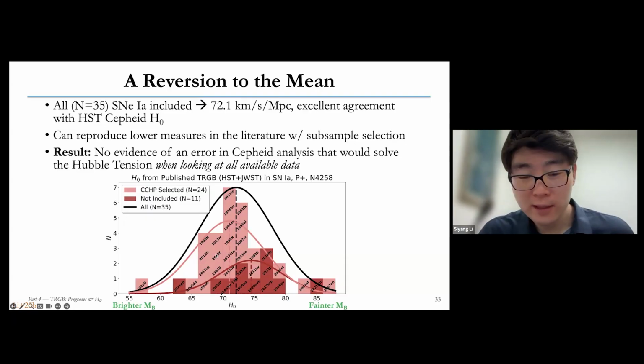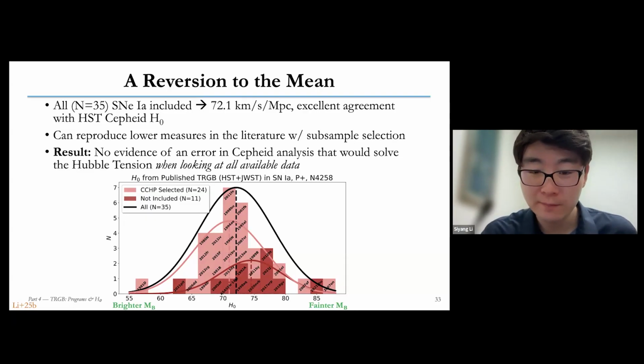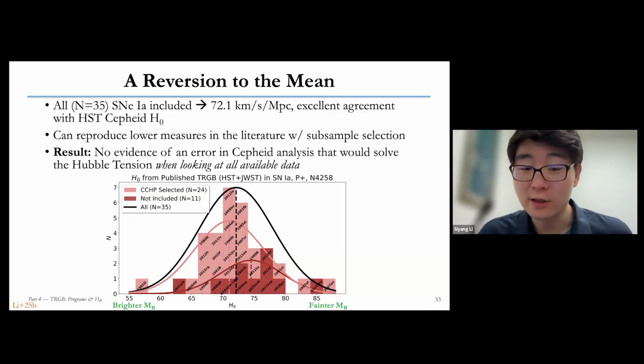If we take the 24 type 1a supernovae used by the CCHP team, shown here in pink, that yields a mean H naught a little lower than if you had used the full data set. That's entirely expected due to this selection of type 1a supernovae.